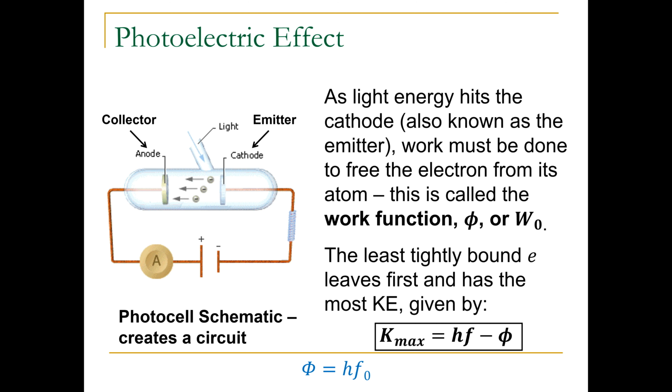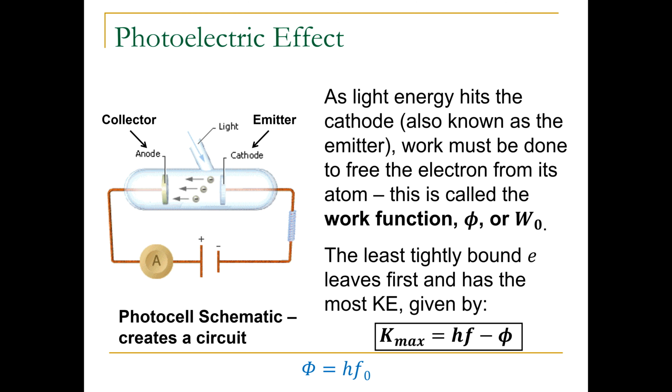So we have K max, the max kinetic energy of emitted electrons, equals hf, the energy of the light that's hitting the metal, minus our work function, phi. You can think of the work function as the energy needed to separate the electron from the atom. This would also be our y-intercept if it was shown on the previous graph.